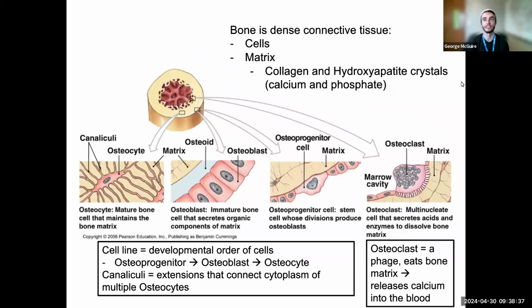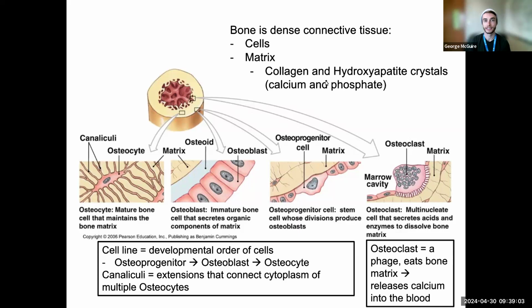So again, bone is connective tissue. It is dense connective tissue. It doesn't have much of a liquid in its matrix. Its matrix is very, very solid. So we have our organic portion of the matrix, the space surrounding the cells in this connective tissue. The organic portion is mainly going to be collagen protein fibers.